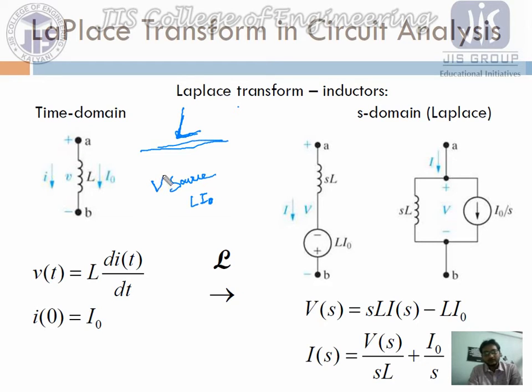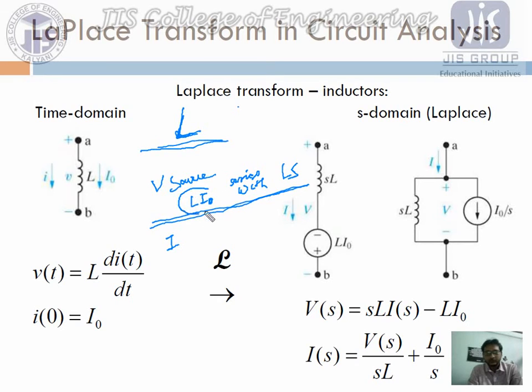If we want to use the voltage source Li0, then it is in series with Ls. This is one portion. Or the other portion is the current source.